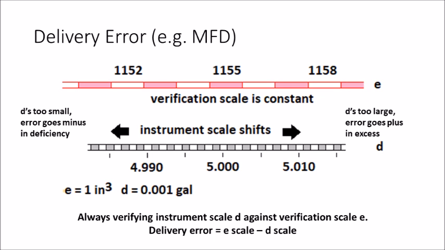And for delivery error, it's the E scale reading minus the D scale reading. That gives us delivery error. So when the divisions are too small on our instrument, what we see is the instrument scale shifts left on this diagram, the error goes minus, we're in deficiency. If the divisions are too large, the scale shifts right, we go plus error, and we are in excess.